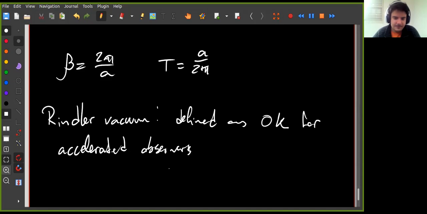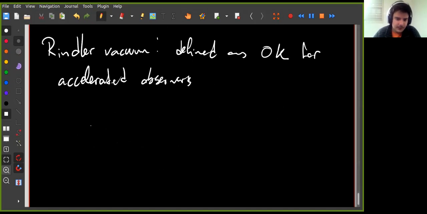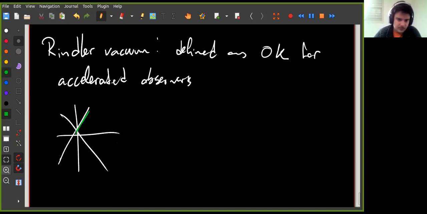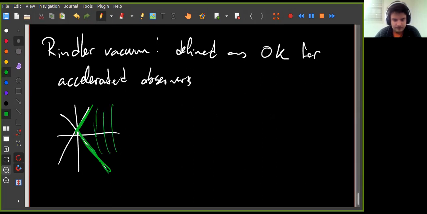However, this is not Hadamard. When you get close to this boundary in here, the Rindler vacuum fails to be Hadamard. So this is only Hadamard in this inside region. But this is also Gaussian and pure.